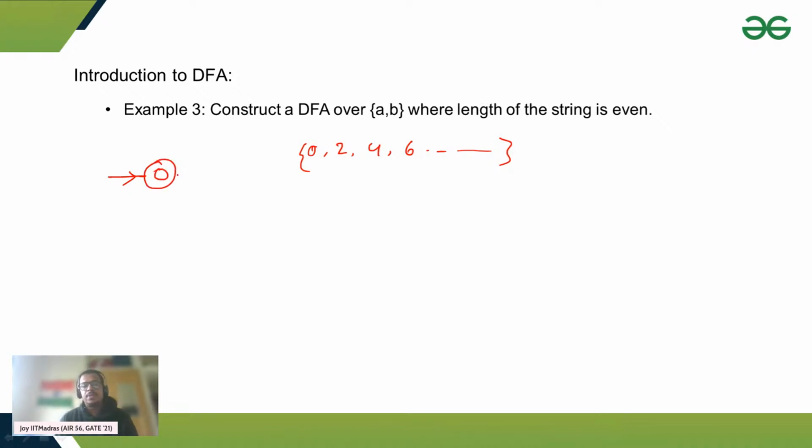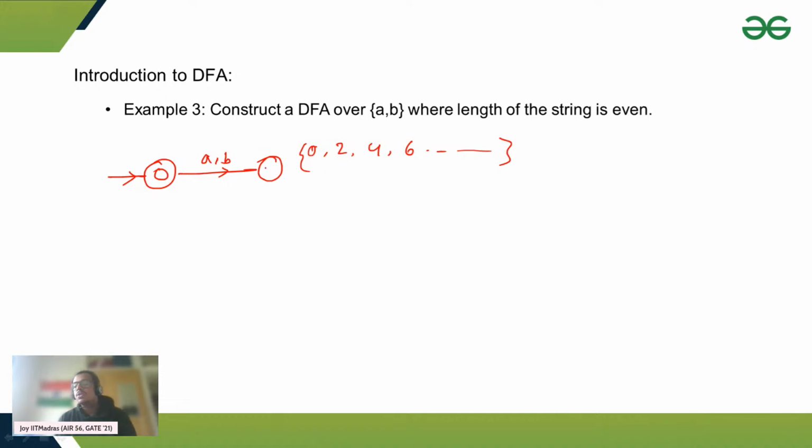Then upon scanning any one symbol, we'll be going to a non-accepting state. Why? Because this non-accepting state represents that now our length of the string is odd. We started with 0, and now we are at this state, it means that the length of the string is 1, and 1 should not be in the language.